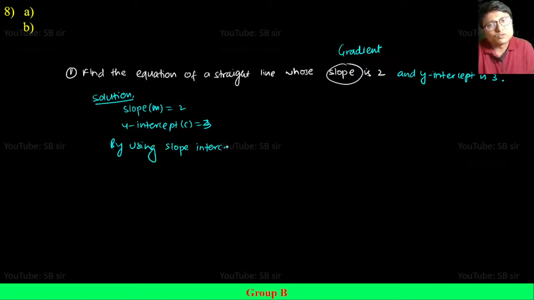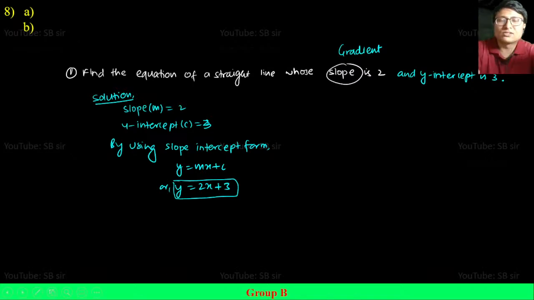By using slope-intercept form, the equation is y equals to mx plus c. Replace the value of m, it will be 2x plus c is 3. So the equation is y is equals to 2x plus 3. You can rearrange the terms, first of all writing the values of x and then the values containing the terms like y and then the constant. You can rearrange in that way also, or you can leave as it is for now.